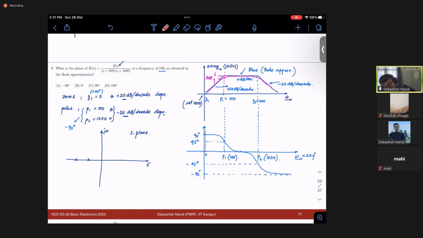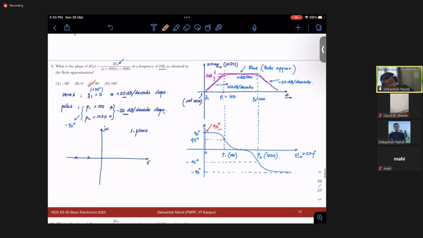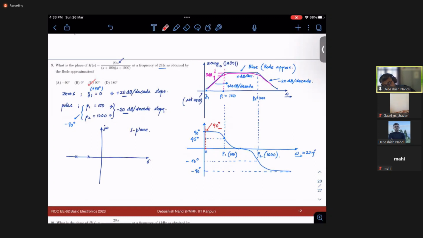What is the slope obtained by Bode approximation? The slope here is 90 degree, right? So C is your right option. And how to do it in the mathematical sense? In the mathematical sense, if you just have this transfer function, this is 20 of S, and S plus 100, S plus 1000.